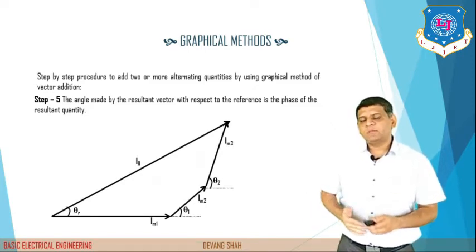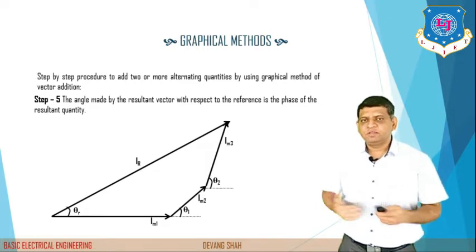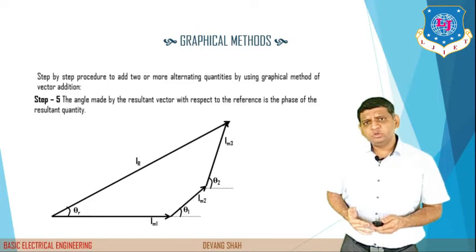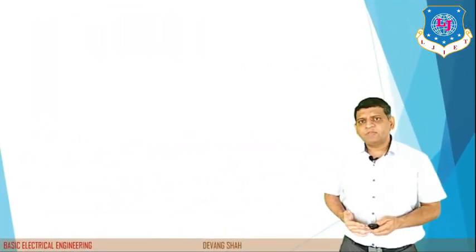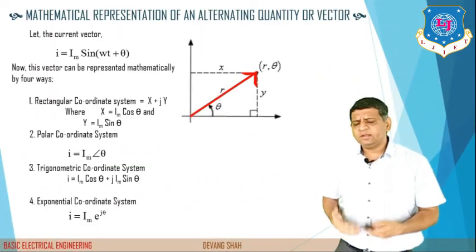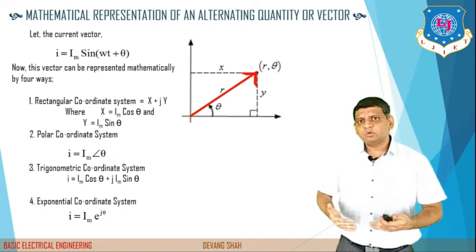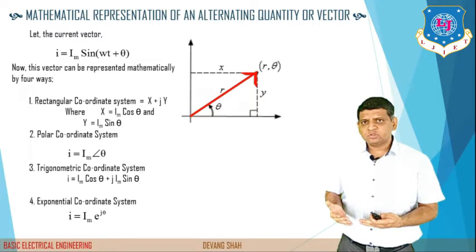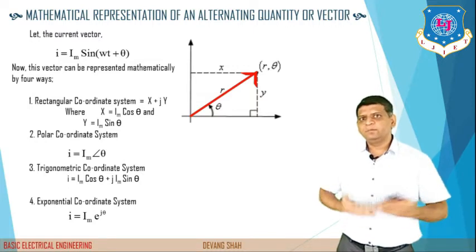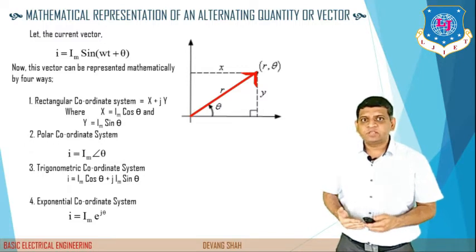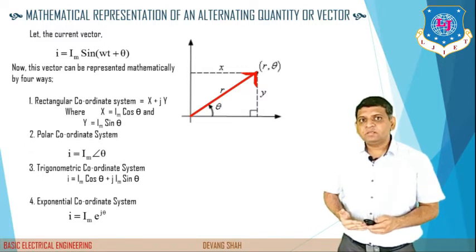Now this particular method we define as the graphical method, right? Normally we do not use this method much; instead we use the analytical method. The analytical method is based on mathematics, where you need to discuss the Cartesian representation of the vector as well as the polar representation of the vector. You can see here my current vector i is equal to Im sin(omega t plus theta).